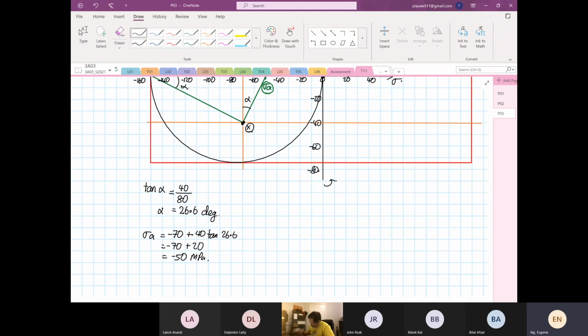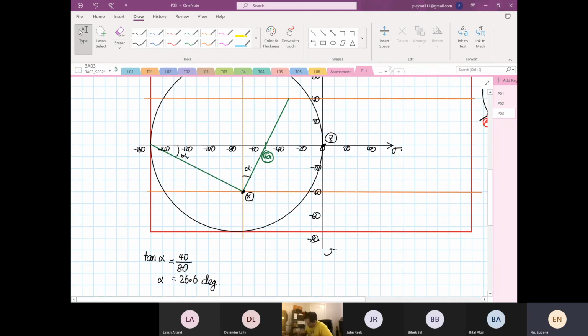So when that's the case, we can calculate our stress average, which is equal to minus 50 plus minus 150 divided by 2. So this is equal to minus 100 megapascal, right? So we know that this is our stress average, okay? So we can directly now draw a line.